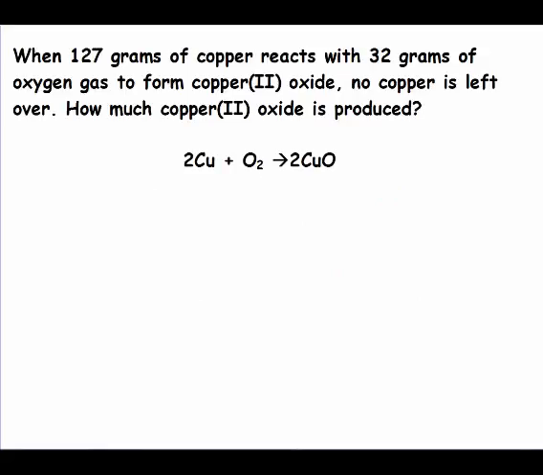Some types of problems that you could see are like this one. When you have 127 grams of copper reacting with 32 grams of oxygen, and no copper is left over, how much copper 2 oxide is produced?